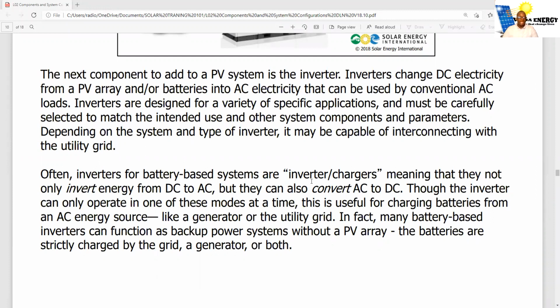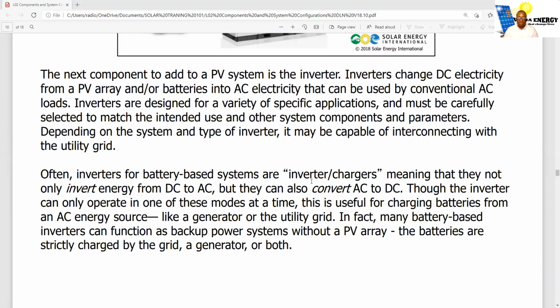Now let's talk about this. The next component to add to a PV system is the inverter. Inverters change the DC electricity from a PV array or battery into AC electricity that can be used by conventional AC loads.